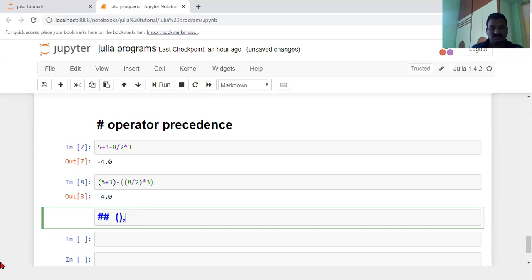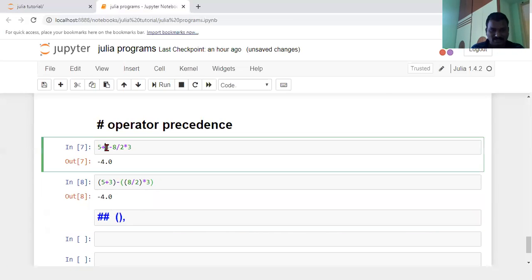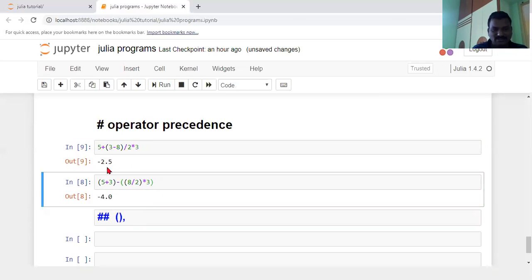For example, if you use the bracket here, that gives a different result. For this one, what is the result? It gives us some 2 point value. Previously its value was 4. That means first it will calculate the bracket value. After that, it calculates the remaining operations.